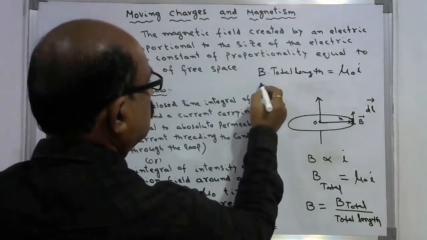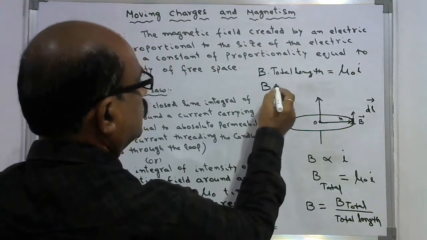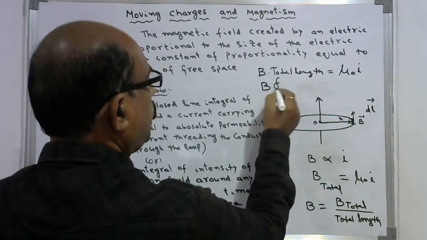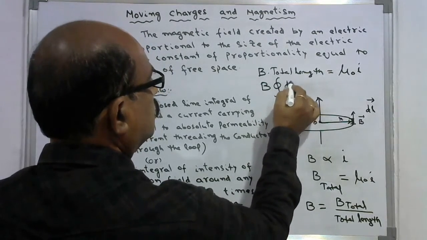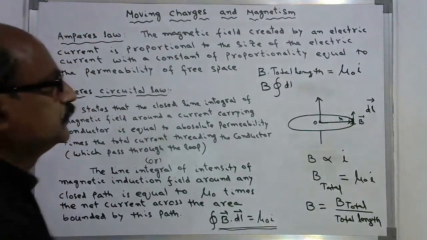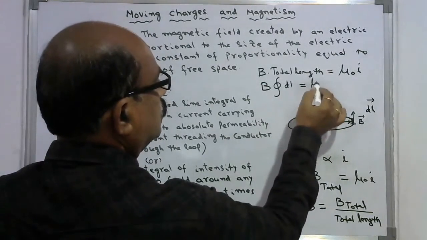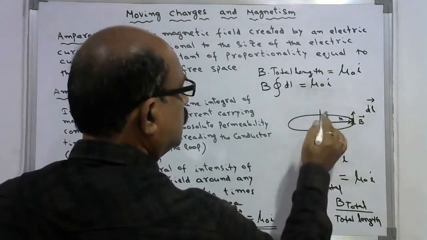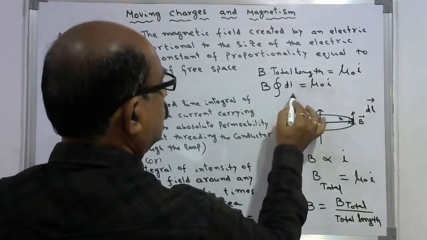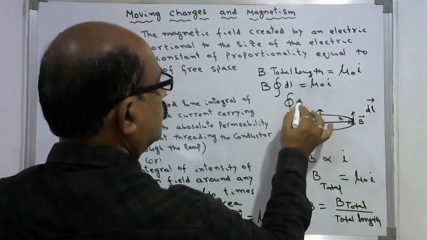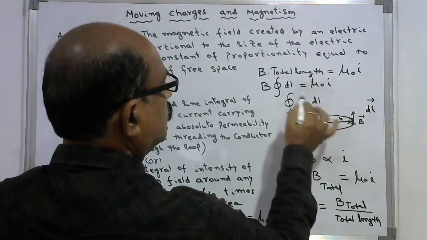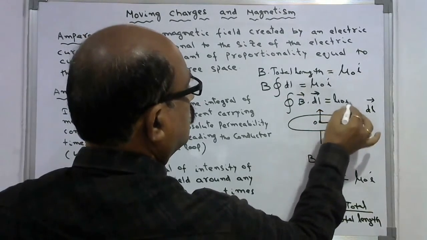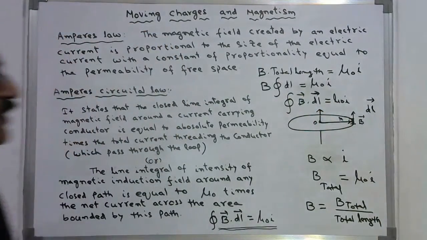So I write here B, the total length is nothing but the line integral of dl, is equal to mu naught times I. Or this can also be written as the closed integral of B dot dl, of course this is the dot product, is equal to mu naught I. This is what is called Ampere's law.